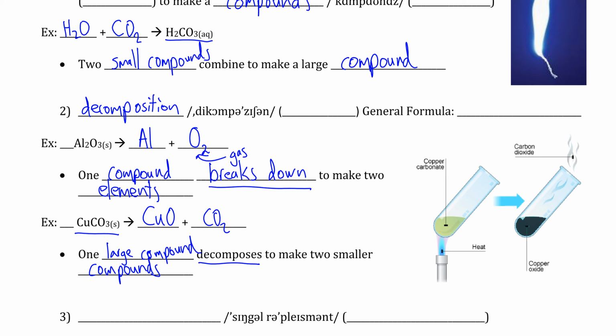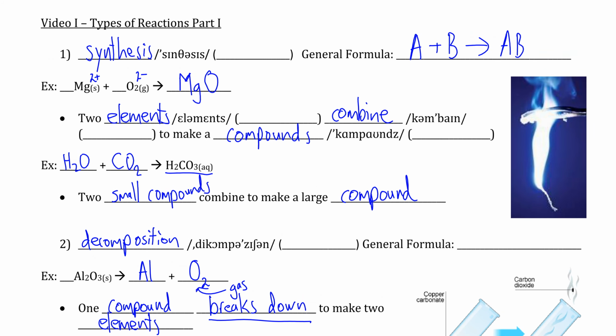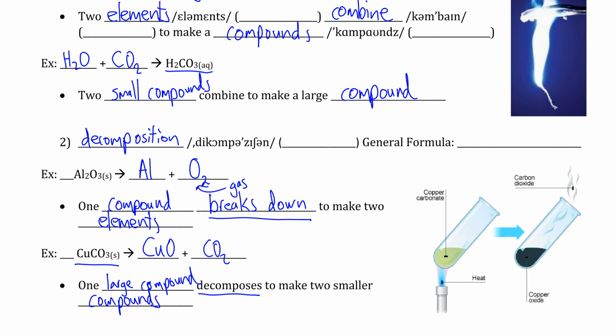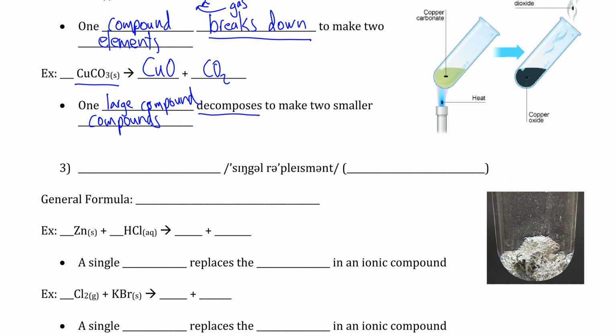Now, in either case, the general formula that we can write here is, instead of starting with the elements A and B, we're going to start with AB as our reactant, and then AB is going to break down into A plus B, and we can use this general formula as a way to identify whether a reaction is a decomposition reaction.